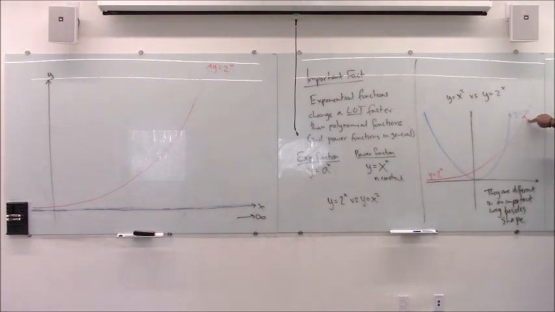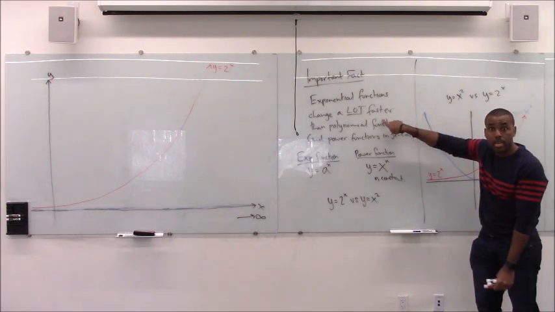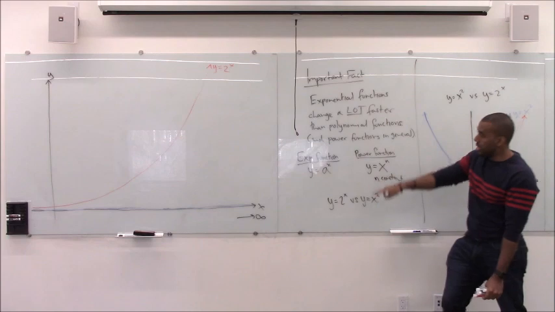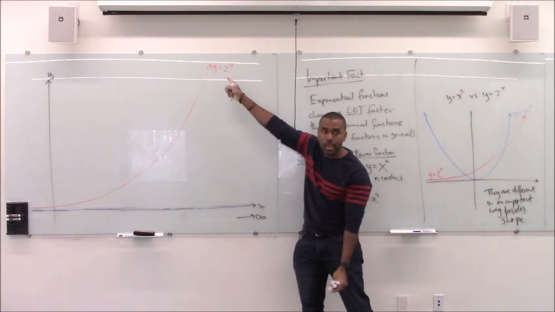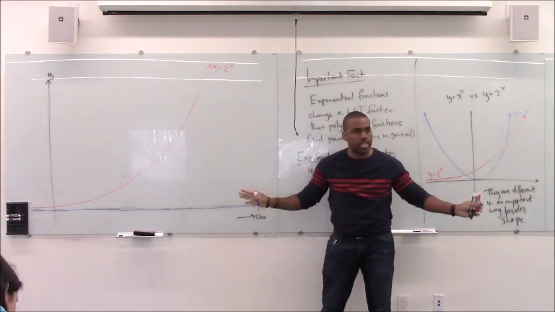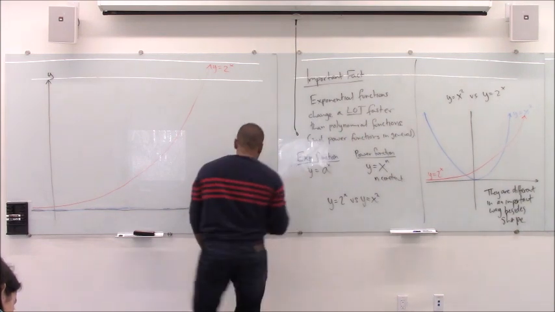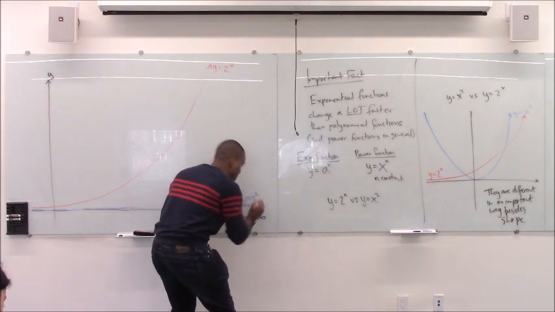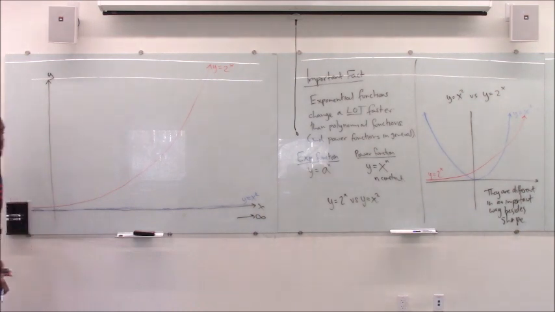This guy here, they grow faster, and I mean a lot faster. I mean, if you zoom out, this guy is so big that guy might as well not exist. It's crazy how big an exponential can get.